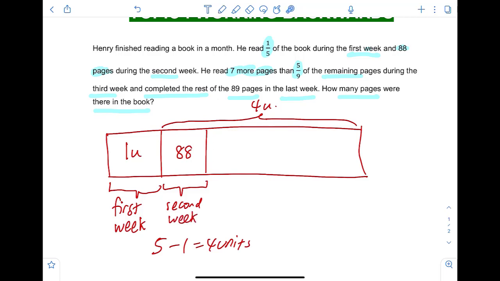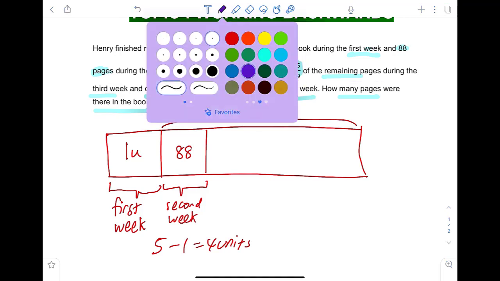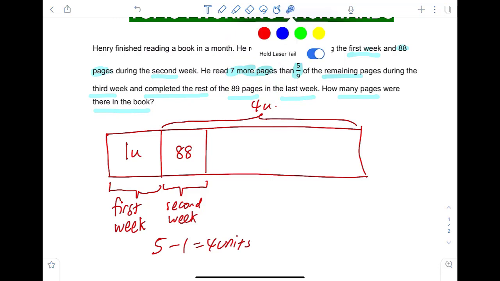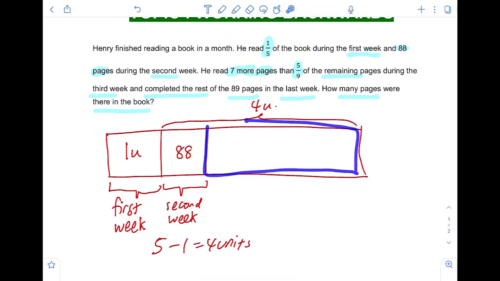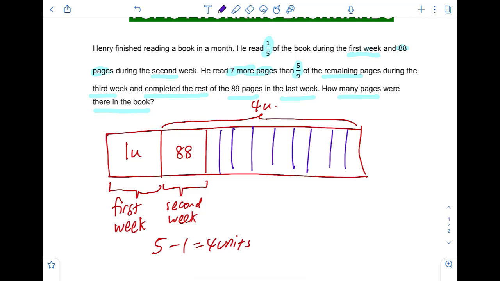Next up, he read 7 more than 5/9 of the remaining. So what does it mean for the remaining, which is this particular section over here? We divide it into 9 parts, and 1, 2, 3. Okay, there are 9 parts right now.